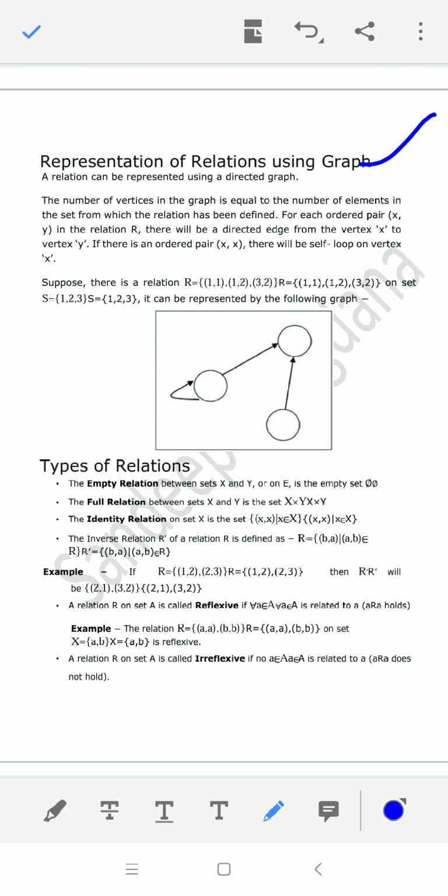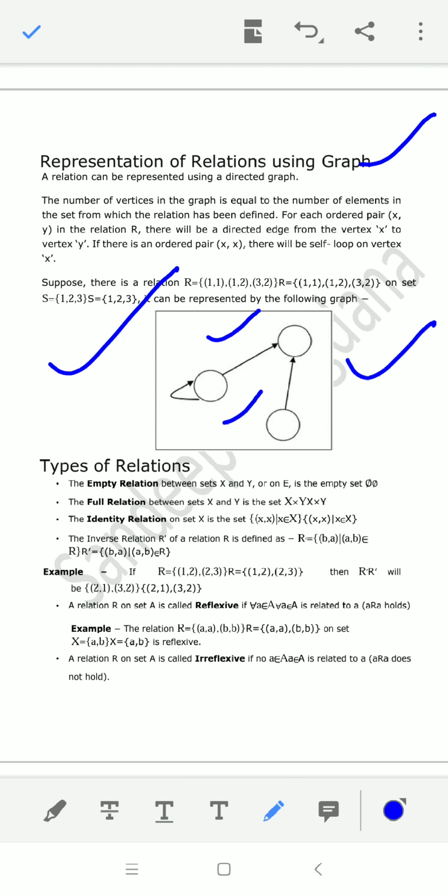If there is an ordered pair (x, x), there will be a self loop on vertex x. Suppose there is a relation R1 = {(1,1), (1,2), (3,2)} on set S = {1, 2, 3}. It can be represented by the following graph, as shown here. Look here.